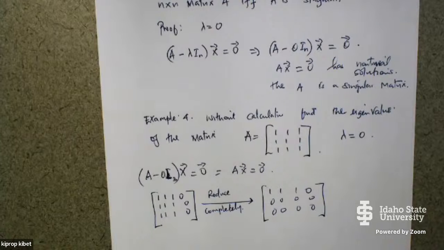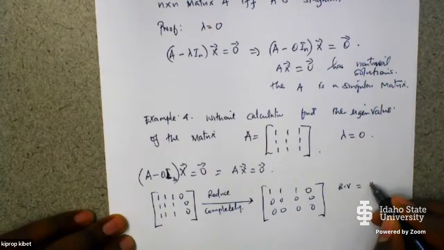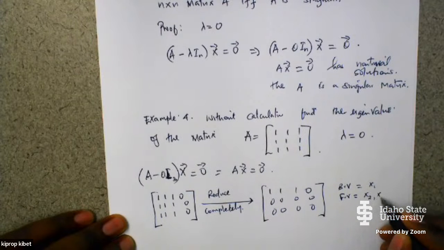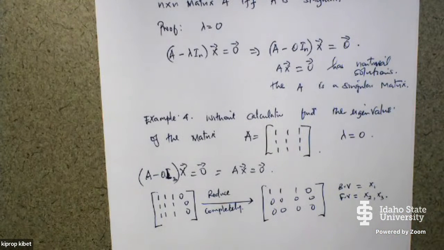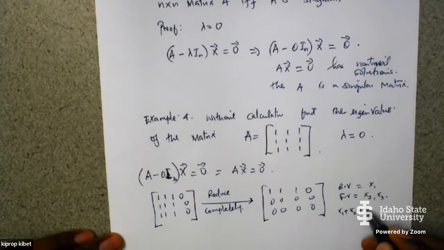Therefore our basic variable is x1, and our free variables are x2 and x3. Our new linear equation is x1 plus x2 plus x3 equals 0, so x1 equals minus x2 minus x3.